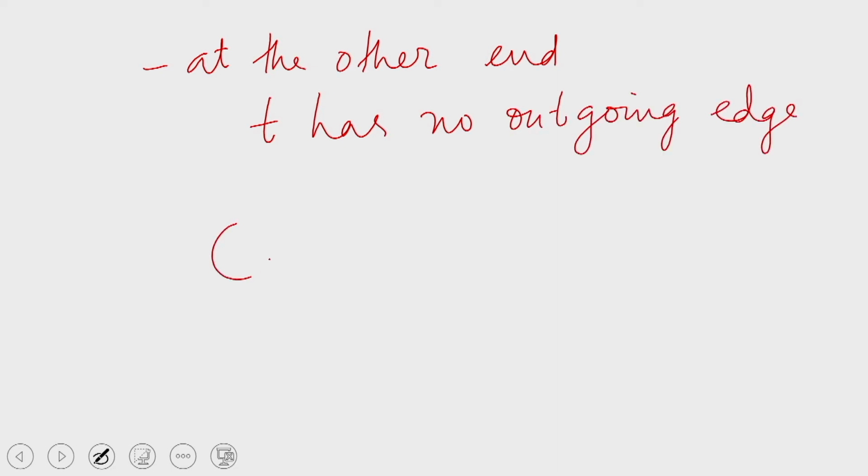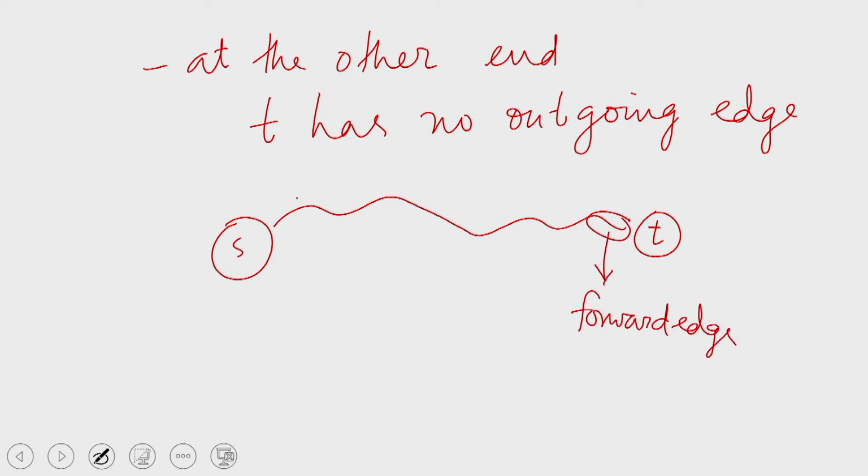Now an augmenting path is a path of the underlying undirected graph of the flow network, and this path is from S to T, and since T has no outgoing edge, we are sure that the last edge used by this path is a forward edge. What we have just established is that the first edge is a backward edge.